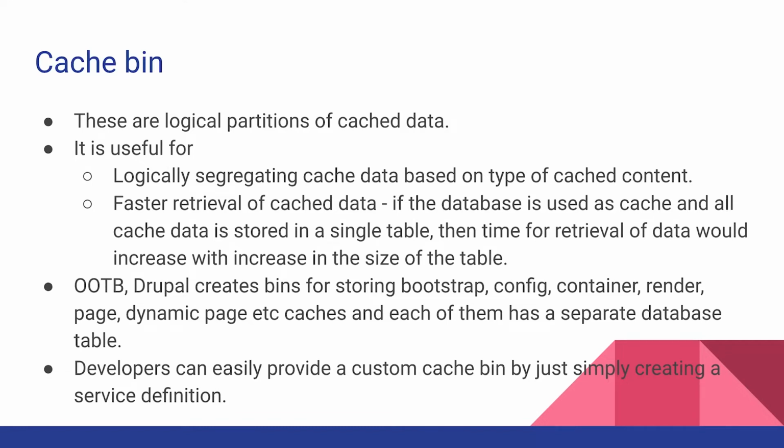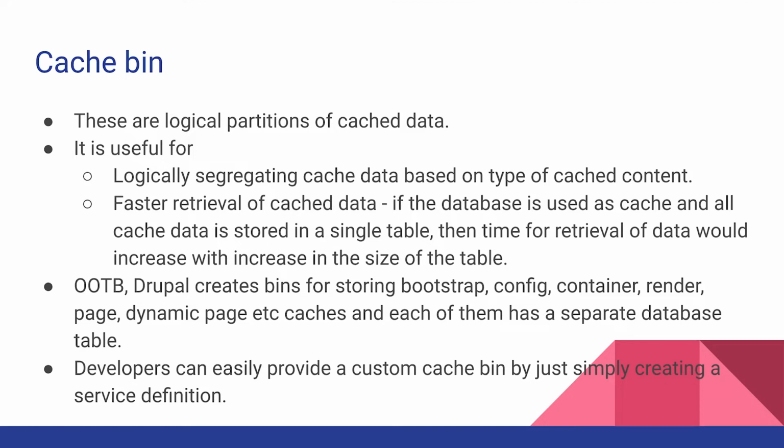We are caching so that we can retrieve data faster, but if we store everything in a single table, then retrieval becomes slow, which defeats the purpose. That is why we use cache bins. We can say this particular piece of data goes to this particular cache location, which is basically a logical partition of cache.